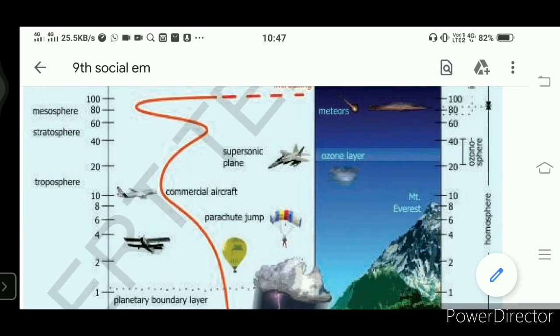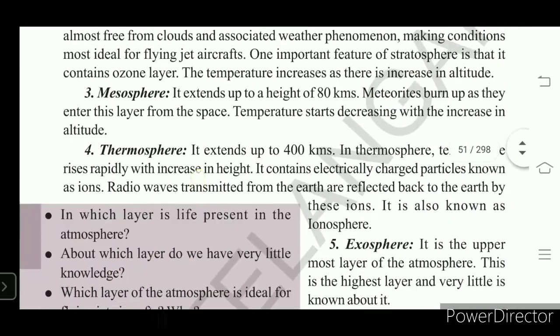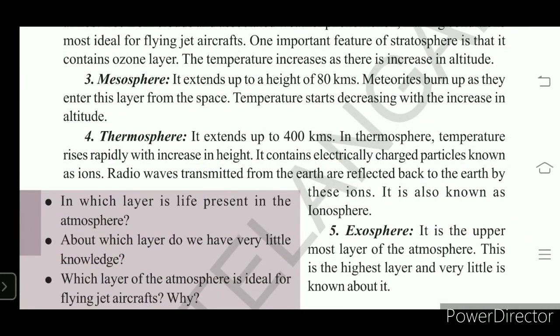Understand? The next layer after the stratosphere is the mesosphere. I'll take you to that place. This is the mesosphere. It extends up to a height of 80 kilometers. We find the mesosphere after the stratosphere, right?